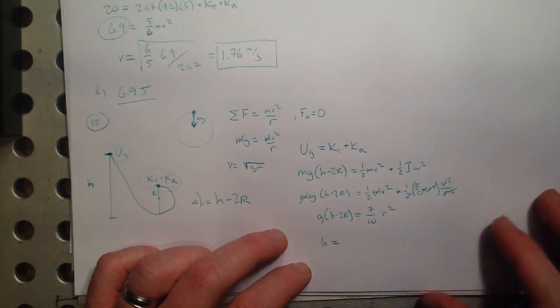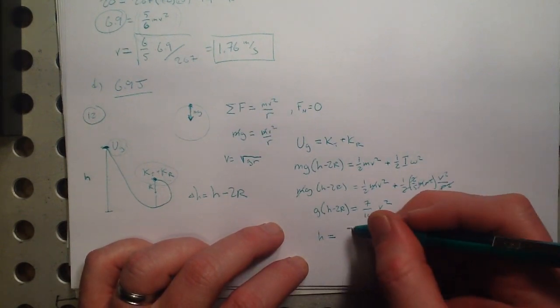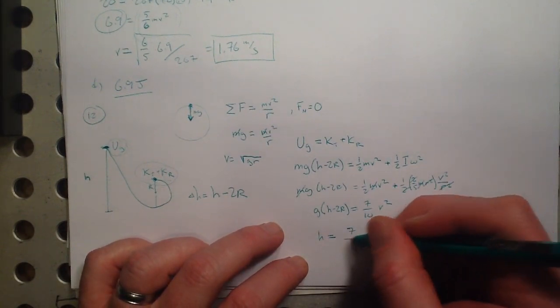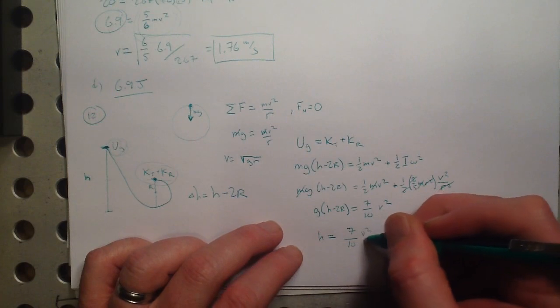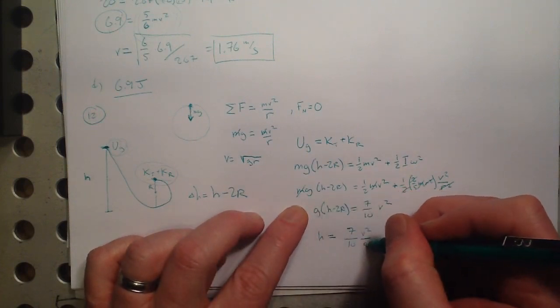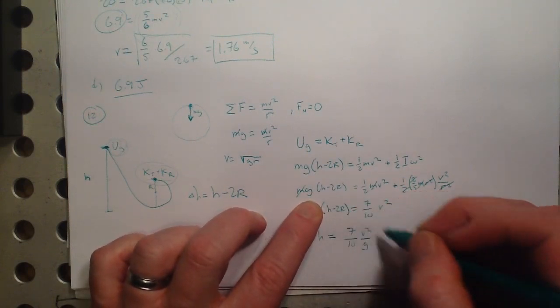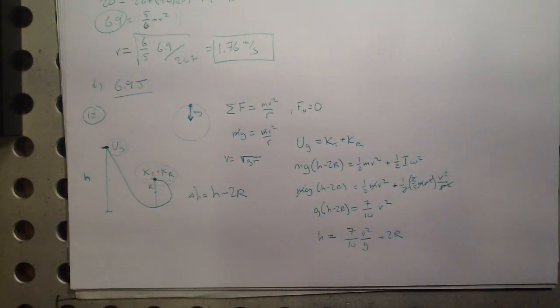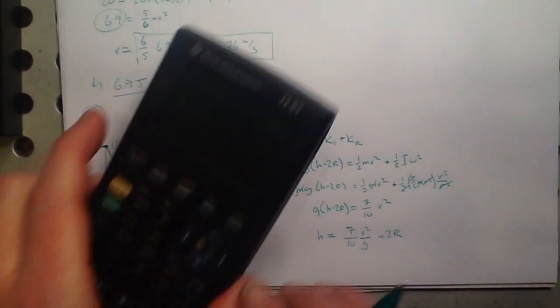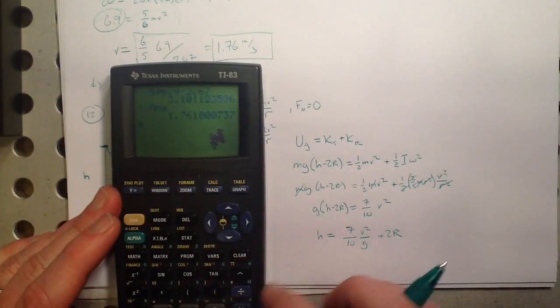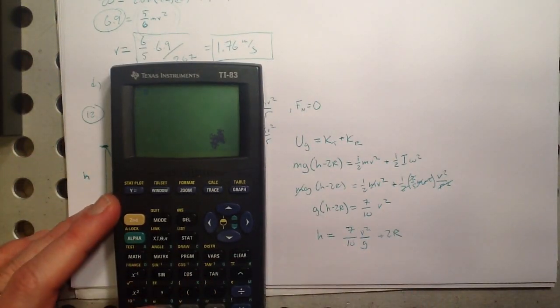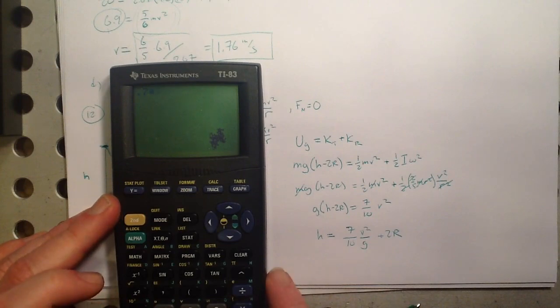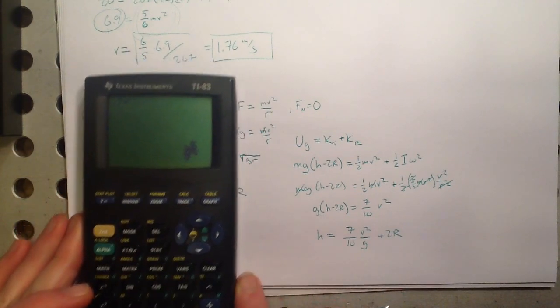I'm going to do a little bit of algebra here. 7/10 v squared over g, dividing by that, and then I'd have to add 2r to that. I think I'm ready to calculate that now. So let's see, I've got 7/10 times the velocity.